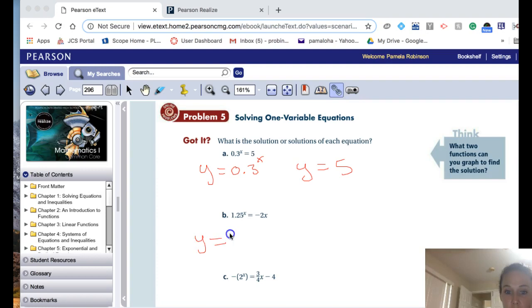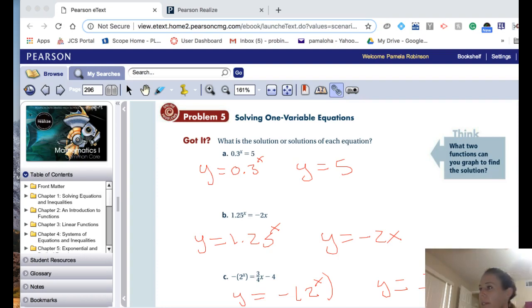Graph y equals 1.25 to the x, and then graph y equals negative 2x, and see where these two intersect. Do it for this: graph y equals negative 2 to the x power, and then graph y equals 3/4 x minus 4. And see where those two intersect.